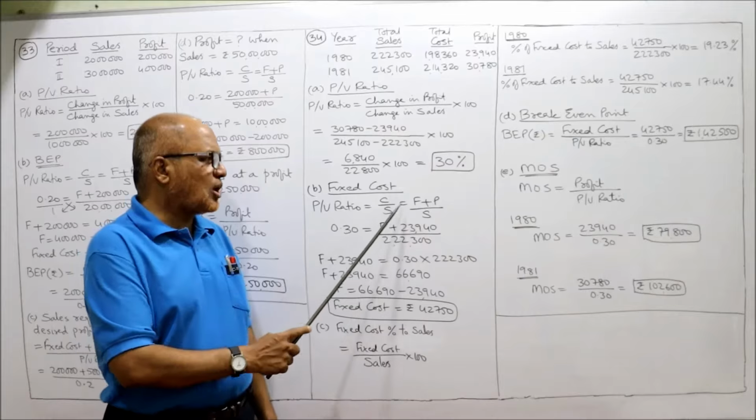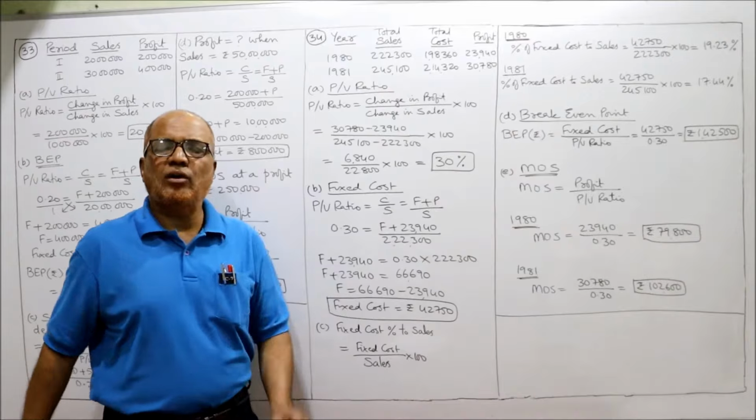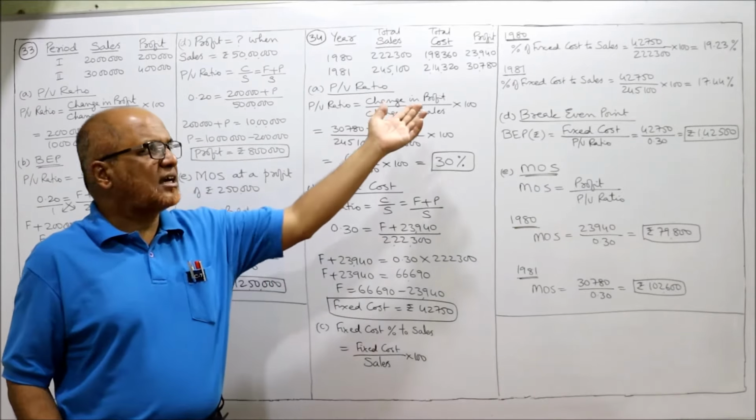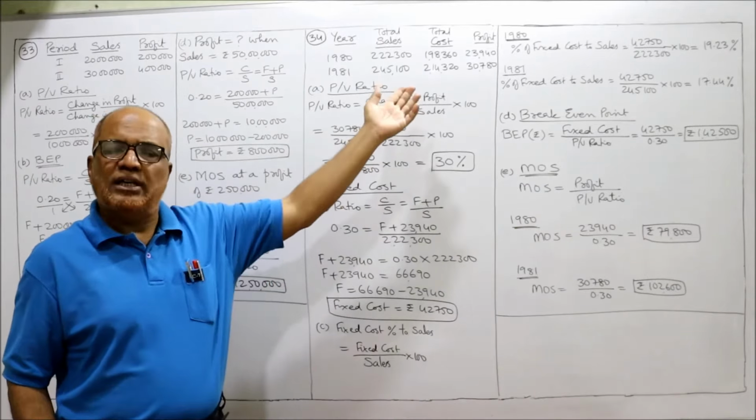Then F, fixed cost, we don't have, but profit we have. Now take the profit of any one of the years. First year का profit लो या second year, कोई भी एक साल का profit. जो साल का profit लेंगे वही साल का sales. The same year we have to take the sales. If we have taken the profit of the first year, 23,940, तो profit की जगह पर 23,940 divide by sales.